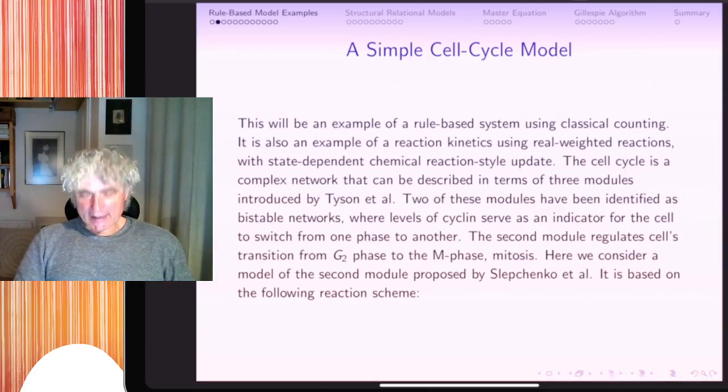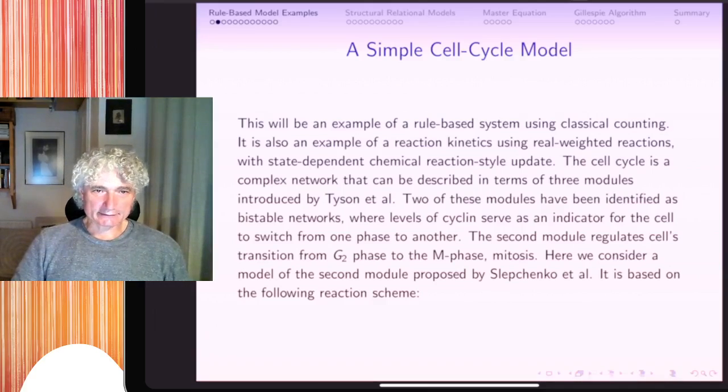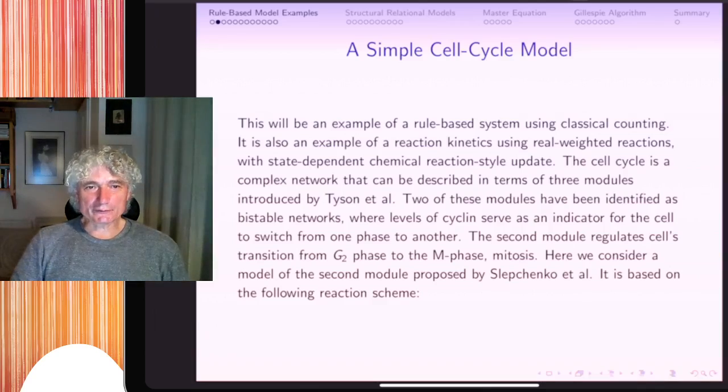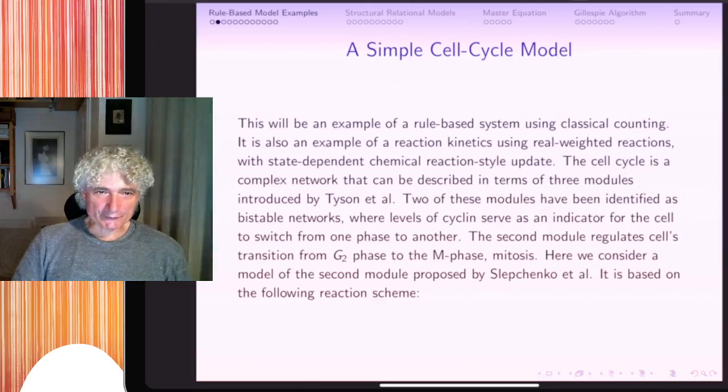Well, what do we have here? You know perhaps that the cell cycle is a very fundamental process of every organism that is on Earth today. All organisms are cell-based, and in order to be able to reproduce, the cells need to divide.